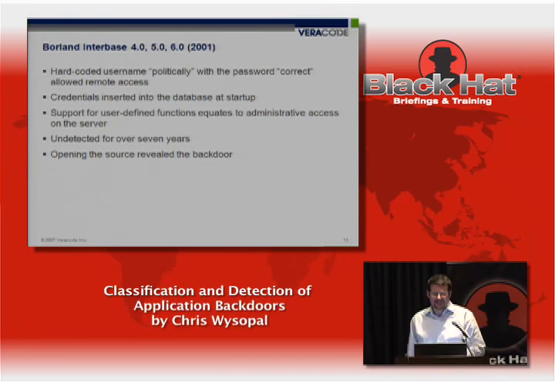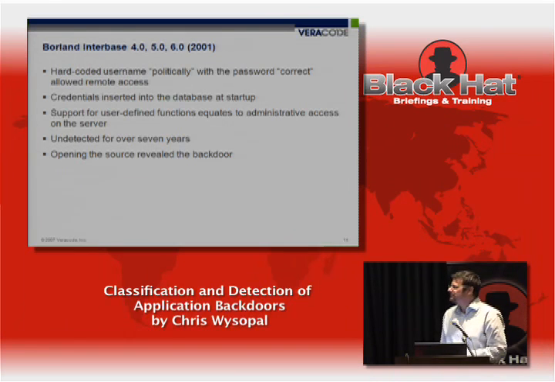So the first example of this was found in Borland's Interbase, and it was in versions 4, 5, and 6. It was discovered in 2001, a few months after the code had been open sourced. Someone was just trying to learn about how this program worked. He was looking at the authentication functionality and said, wait a second, something very odd is here.